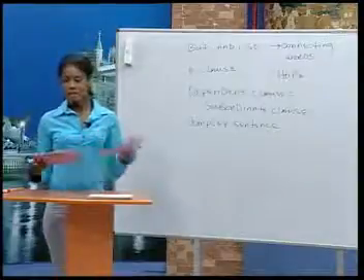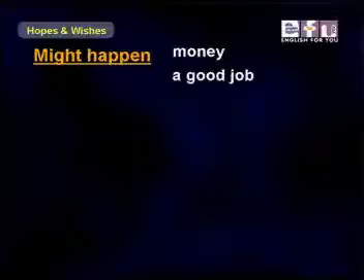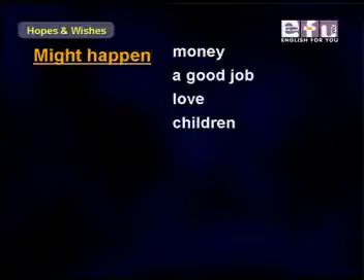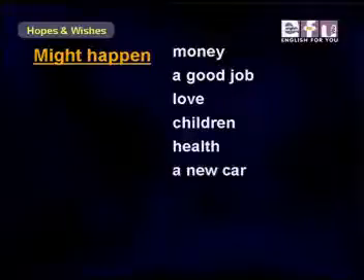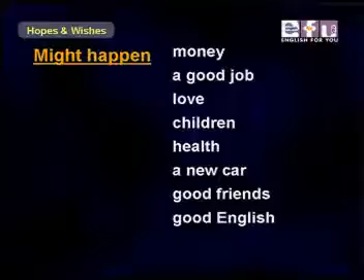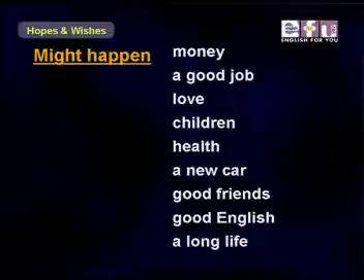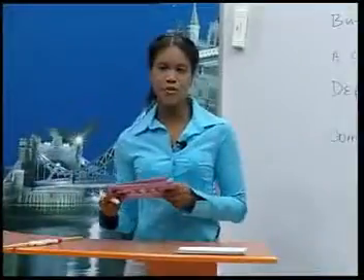Now, let's look again at our list. Things that might happen: money, a good job, love, children, health, a new car, good friends, good English, a long life. All right, now let's make some sentences using hope as our verb.